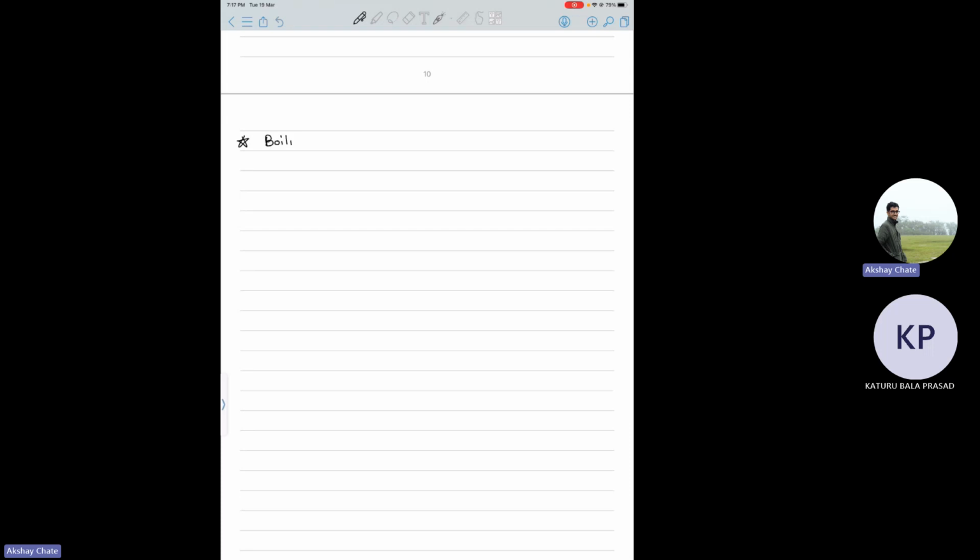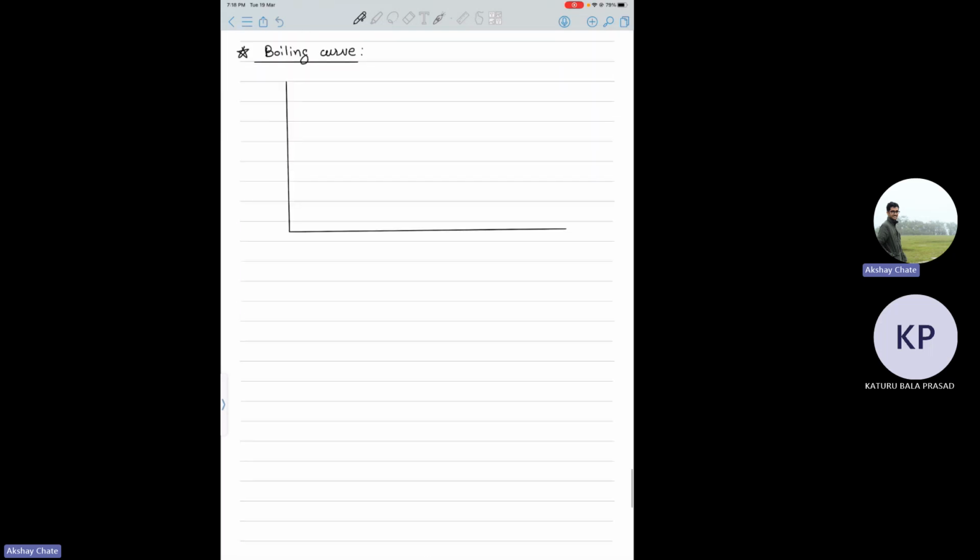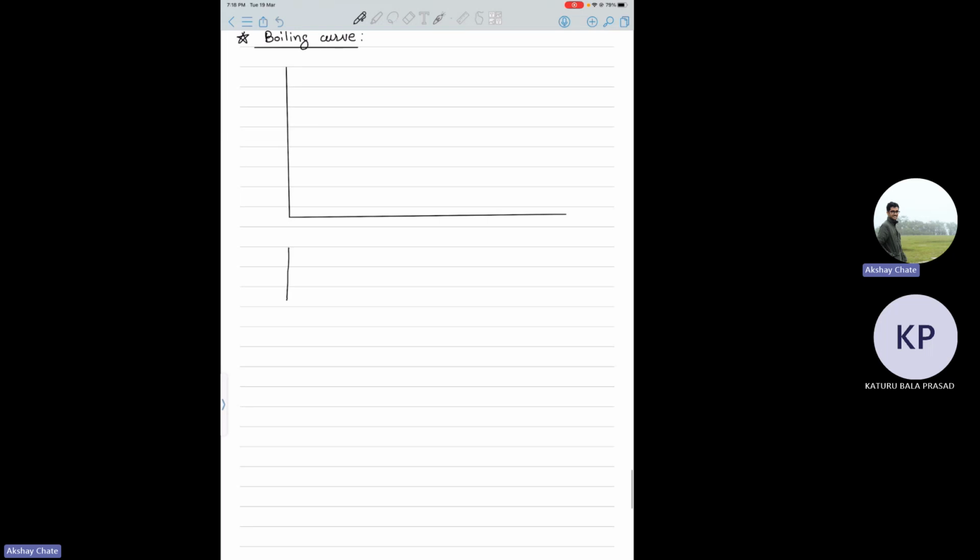And remember that this boiling curve is valid for atmospheric pressures. If the atmospheric pressure is not 1 atmosphere, there may be a slight variation in the curves. So let's say you study both of them together only.